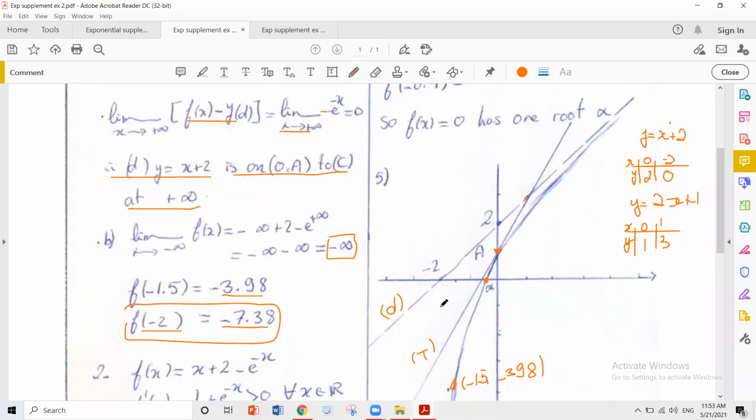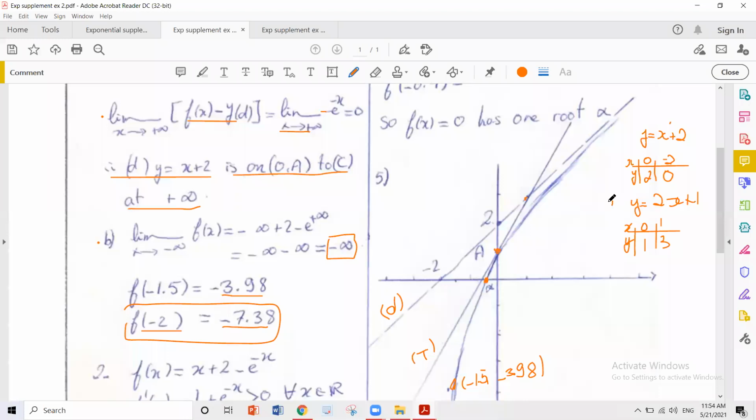The curve becomes oblique asymptote at plus infinity, not at minus infinity. At minus infinity, we don't have an oblique asymptote. We have an oblique asymptote only at plus infinity. How do we draw T? The tangent is y equals x plus 1.